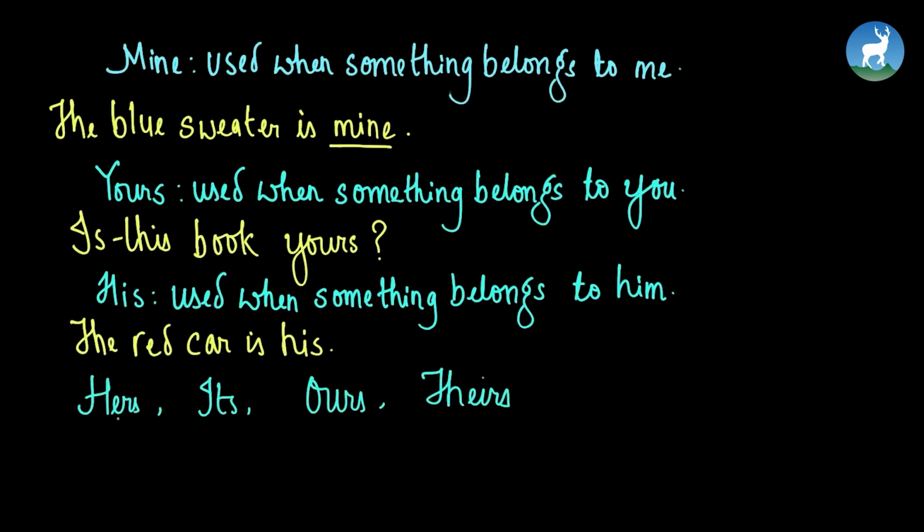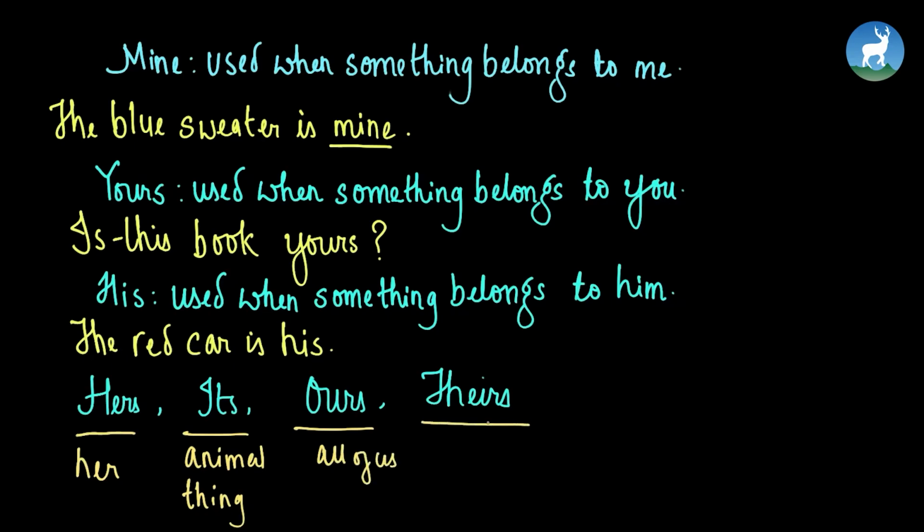So hers is used when something belongs to her. Its is used when something belongs to an animal or anything, right? Ours is used when something belongs to all of us. Theirs is used when something belongs to them.